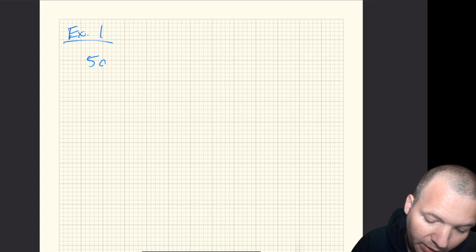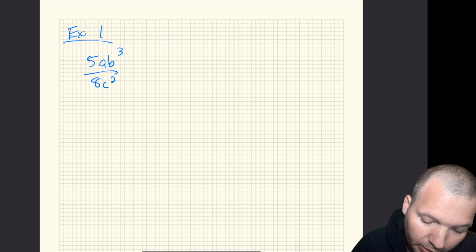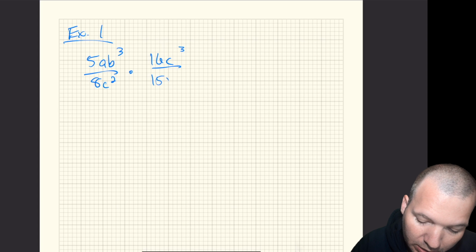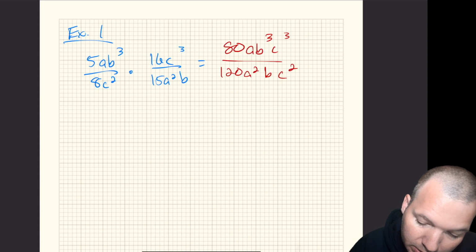So let's say we have 5ab cubed over 8c squared, and we want to multiply that by 16c cubed over 15a squared b. Now again, we could just multiply all the way across the top, 80 a b cubed c cubed over 120 a squared b c squared, and then do the simplification.